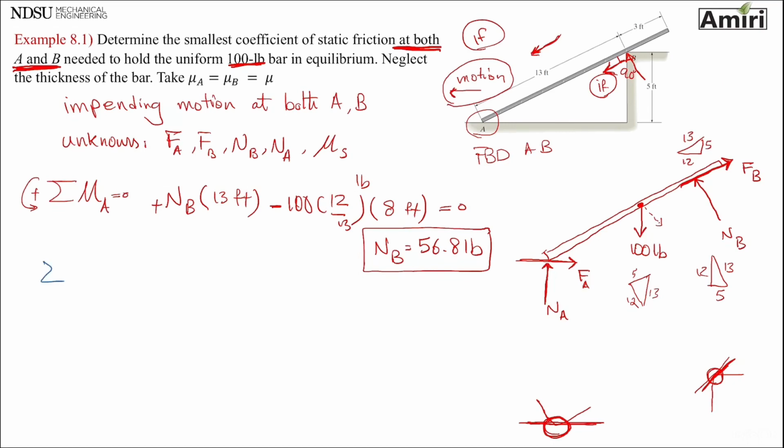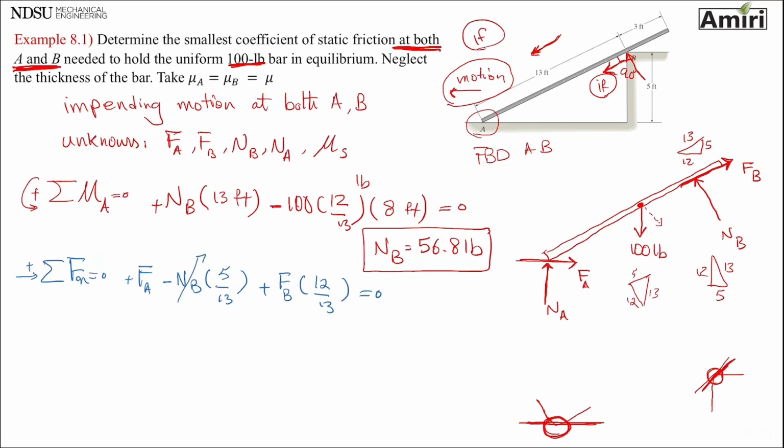Next, I'm going to write summation of forces in X being 0. FA, which is plus, 100 is just vertical. NB, the X component of it is going to be 5 over 13, and that's negative. And then I have FB, the X component of this, which is plus, is going to be 12 over 13 equals 0.